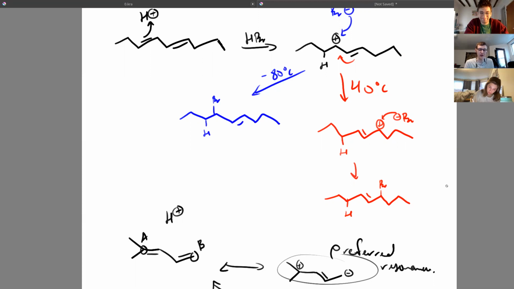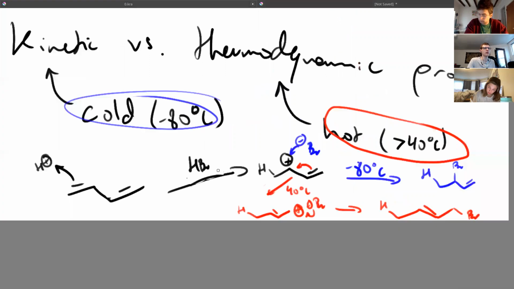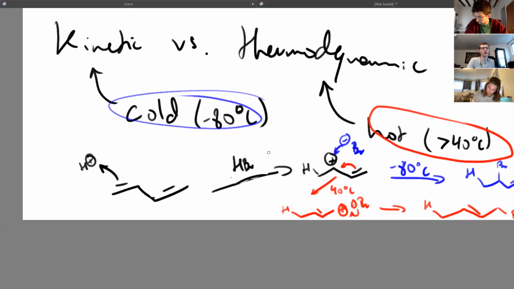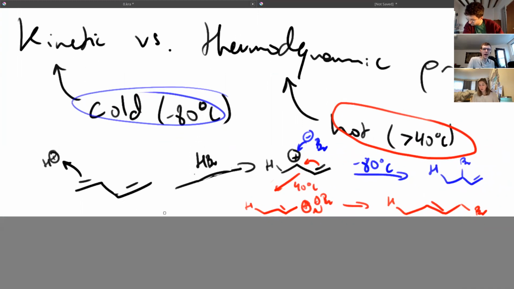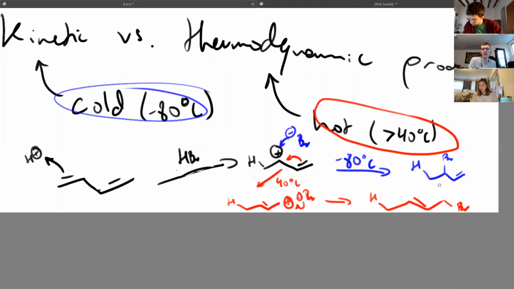So the kinetic and thermodynamic product thing is normally considered in terms of 1,3-butadiene, which was this molecule I drew on the previous page. It's this guy. And yeah, I guess you're right. In here, the kinetic product is less energetically favorable because the double bond's on the end, and we like more substituted double bonds.